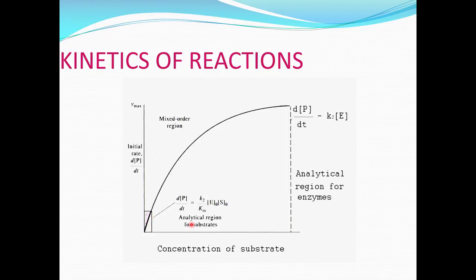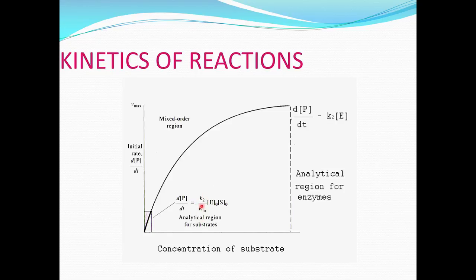Okay. Now, this is how your chemical reaction will look like. If you plot initial rate, change of dP by dt, versus the concentration of the substance, you will end up with a curve like this. So, dP by dt equals K2E, and there is K2 by Km general reaction.